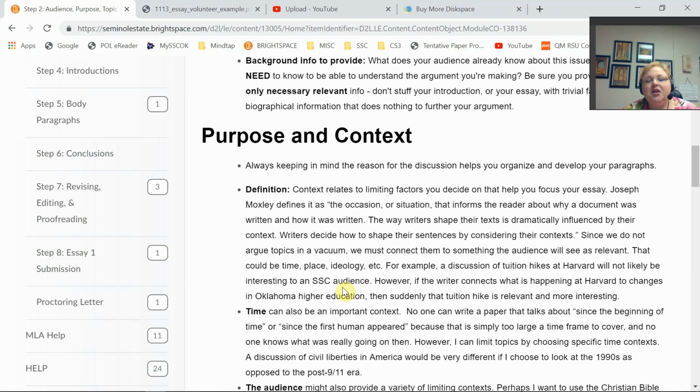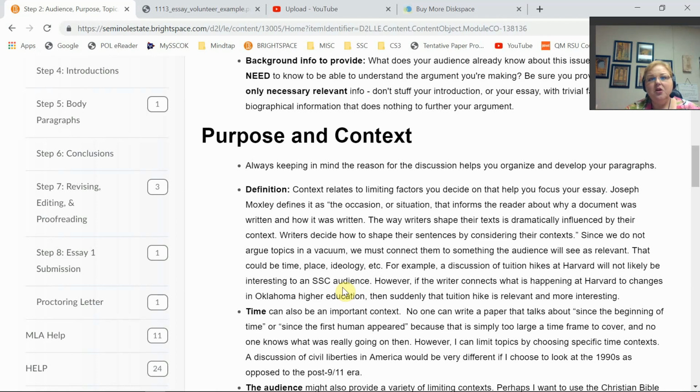Sometimes you might be given a specific audience, right? So maybe your teacher wants you just to write to other people in your own peer group, right? Maybe they want you to write to senior citizens, right? So there's a context. Maybe they only want you to write to people in Oklahoma. That's a type of context. So again, context is really important.